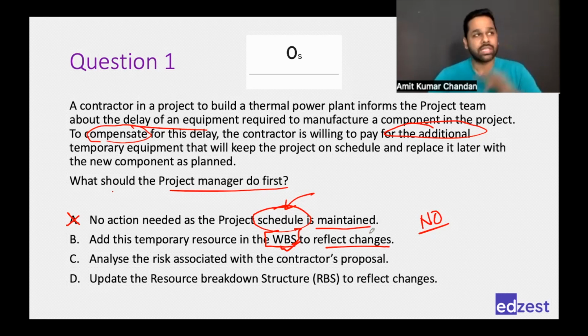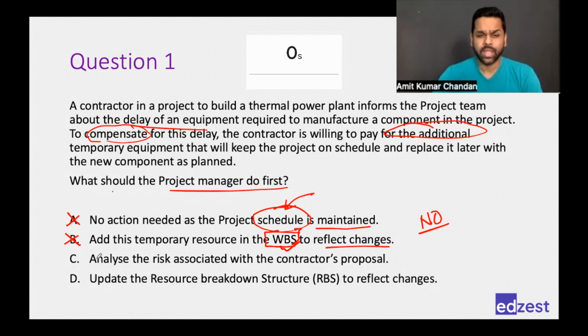Right? Work breakdown structure is a structure of all the deliverables in the project. Okay, resources are not the deliverables. Resources will be used, consumed in the project, okay, to deliver the components, to complete the deliverables. Right? So WBS contains only the deliverables, not the resources. Hence, not a good choice.